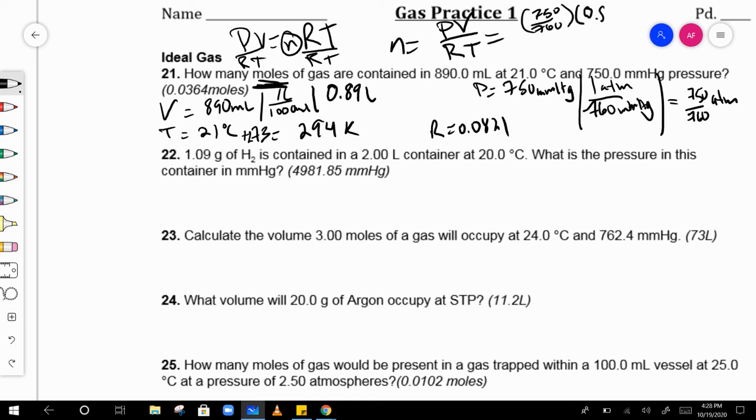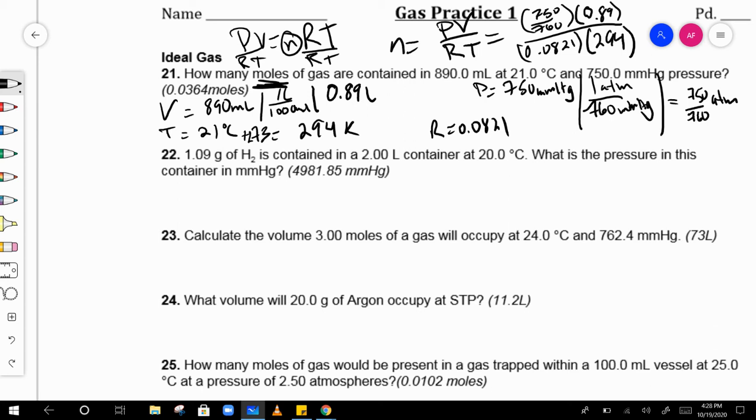Volume is 0.89. R is 0.0821. And T is 294. You notice I don't really have enough room here to do all the work, so I highly encourage you to give yourself some more space. You might want to write it on a separate sheet of paper.